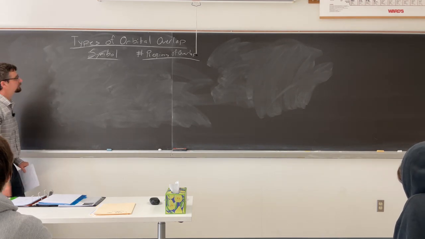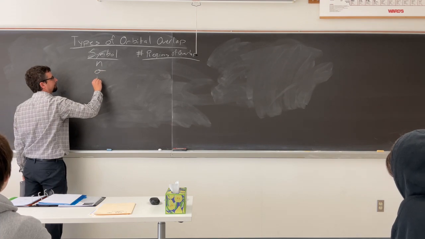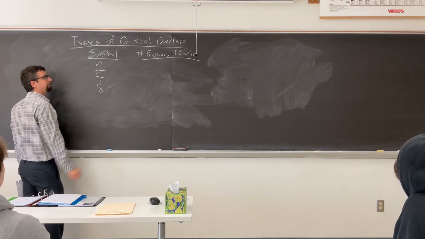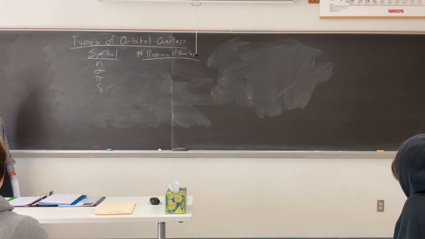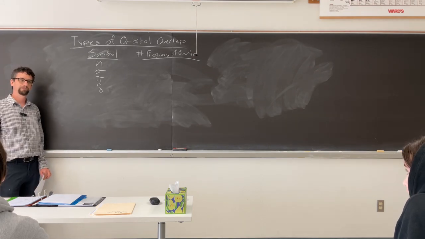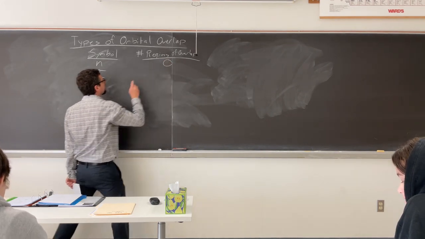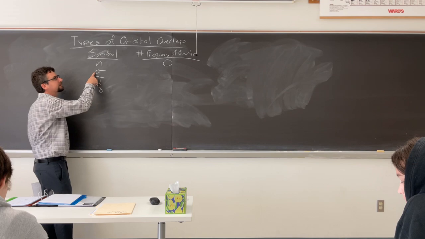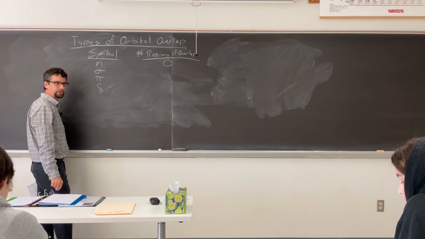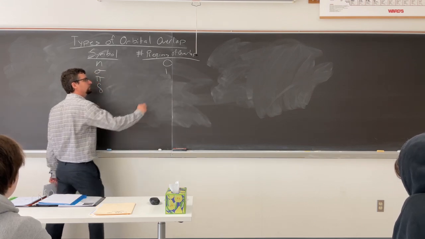What were those 4 symbols? N, sigma, pi, delta. Yep. And then we had the regions of overlap. So N is for what type of orbital overlap? Yep, non-bonding, 0. Sigma's for sigma bonds. Regions of overlap there? Yep. Pi, 2, and then we have a jump.